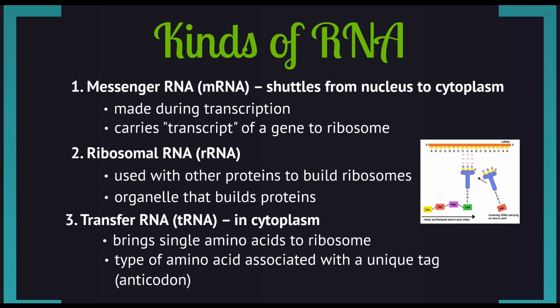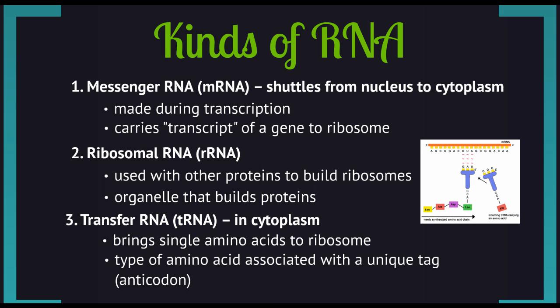Each type of amino acid is associated with a unique tag, specifically called an anticodon, on the transfer RNA. So the transfer RNA is this complex 3-dimensional molecule. On one end, it's holding on to an amino acid, and on the other end, it's got an anticodon that indicates what kind of amino acid it's carrying.